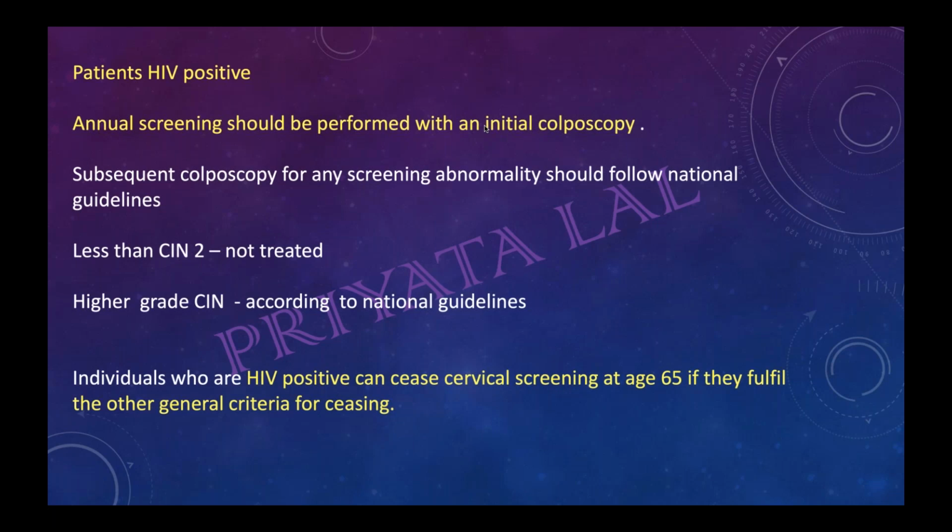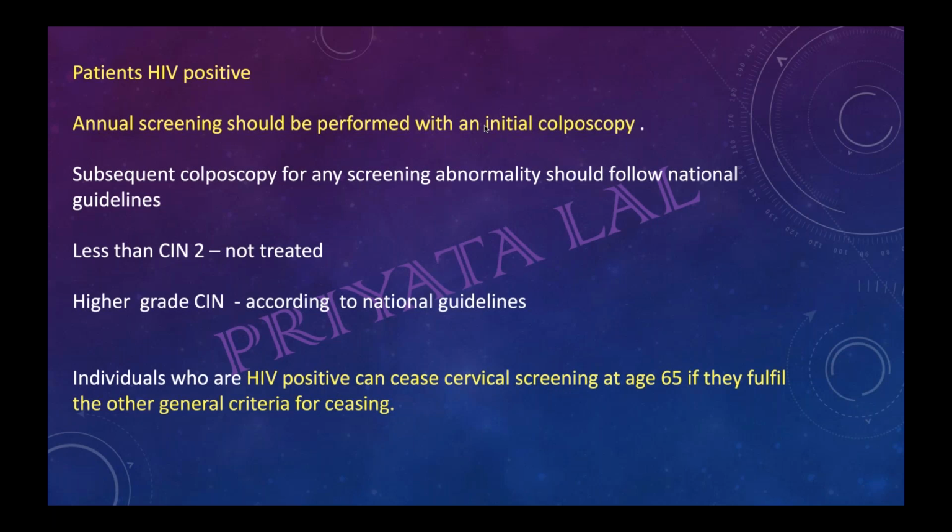Actually, what they say, Shaishta, is that because of their HPV positive and immunosuppression, if a cervical abnormality is there, the clinicians do overtreatment. Therefore they have put it there like less than CIN 2, that means CIN 1, you should not treat them.